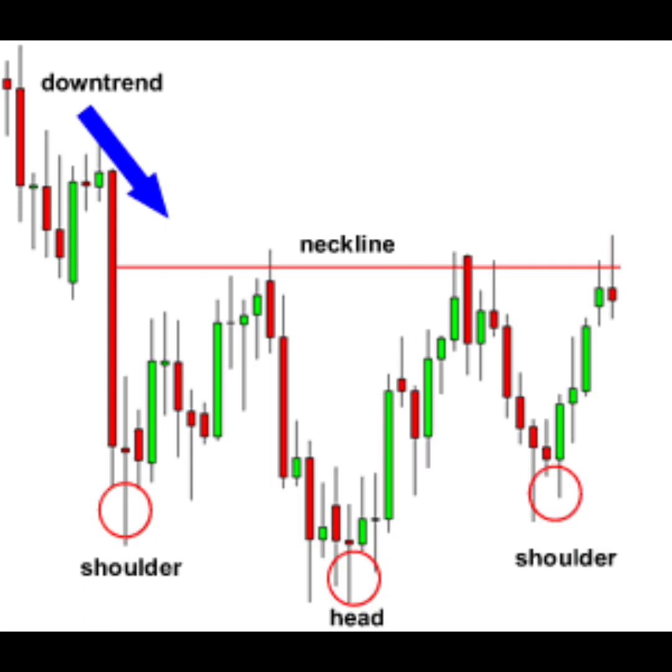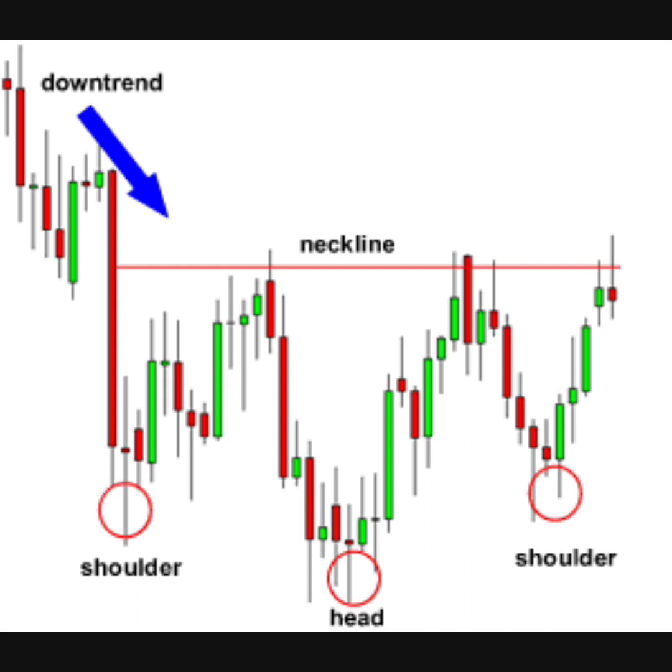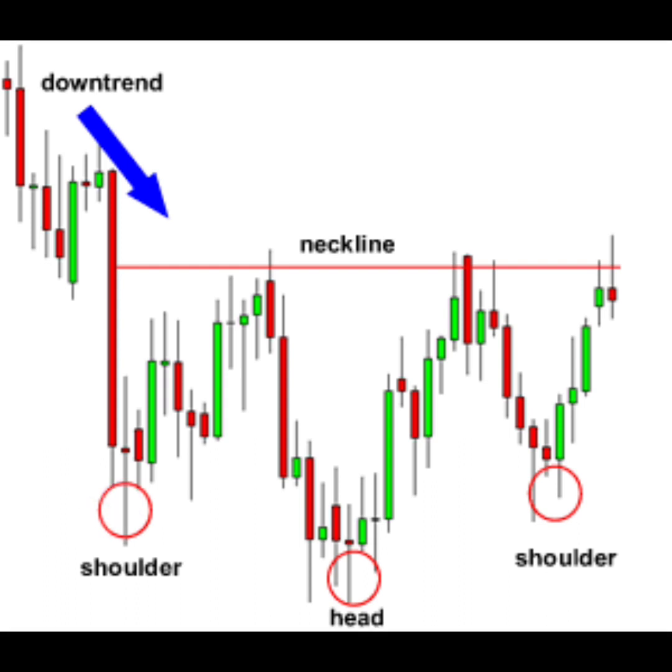So basically, this is actually the inverse head and shoulders. Okay, you can see we started with a downtrend from this particular point and then hit the shoulder right here, and then back to the neckline again, and then coming down to form a head, and then back to the neckline again, and then forming another shoulder, and then back to the neckline.